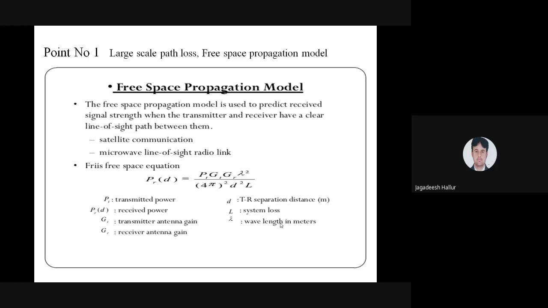I think you have written this formula: Pr of d is equal to Pt Gt Gr lambda square divided by (4 pi) square d square into L. You have to know these points: Pt is the transmitter power, Gt is the transmitter gain, Gr is the receiver gain, lambda is the wavelength in meters, d is the distance between the transmitter and receiver, L is the system loss, and Pr of d is the received power with respect to the distance between transmitter and receiver.